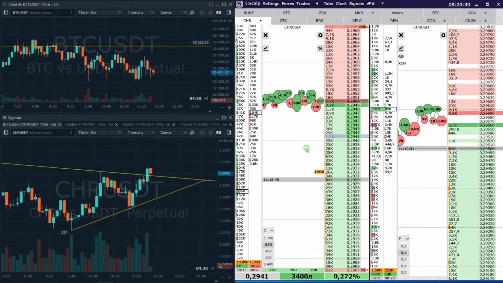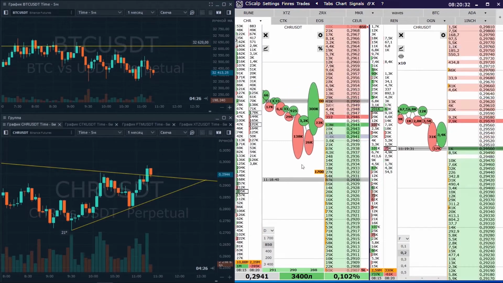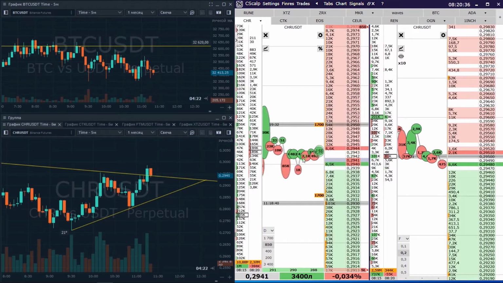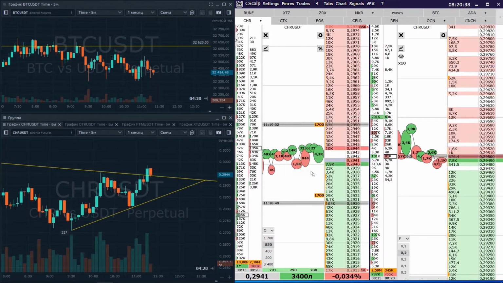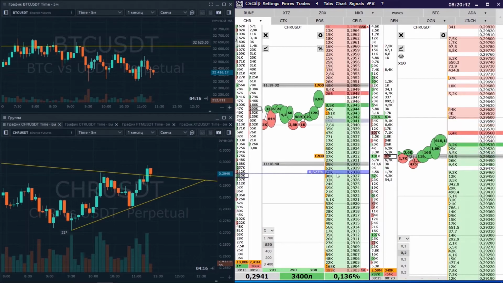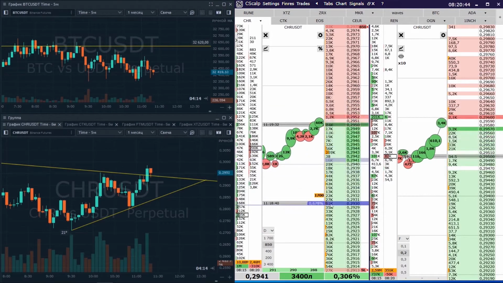Even though Bitcoin is falling right now, we can see that buyers are strong at the moment. We place a small limit order in support of 200,000 lots in futures, and buying activity is continuing.